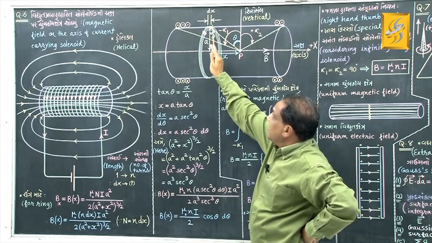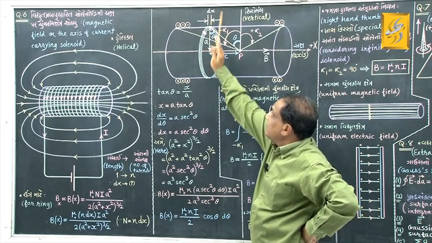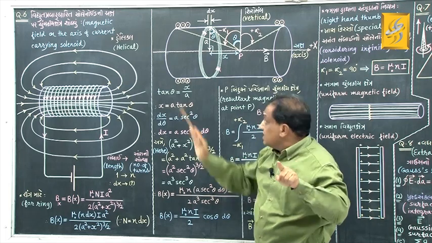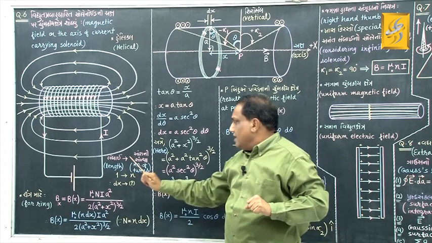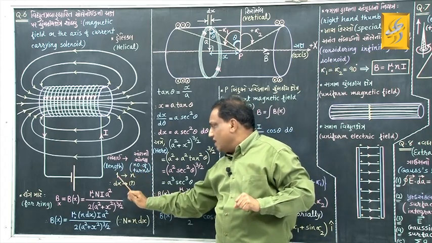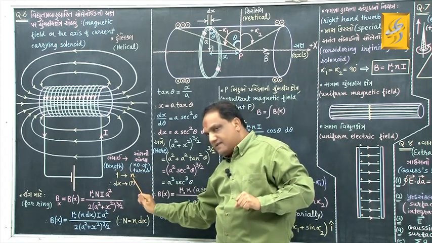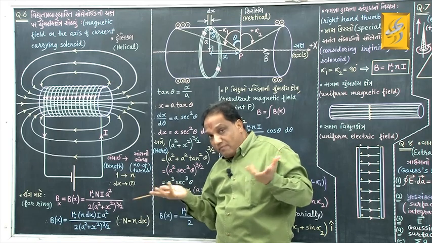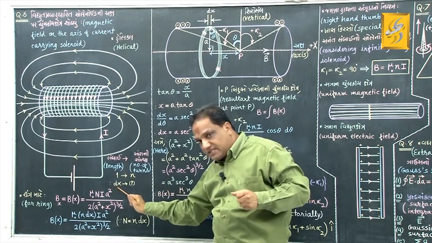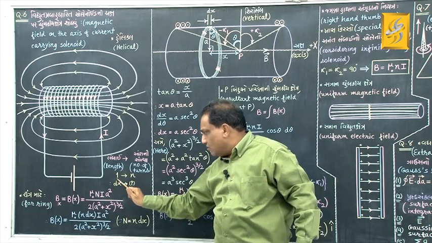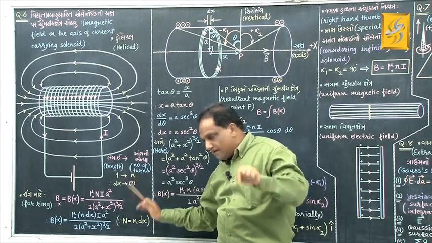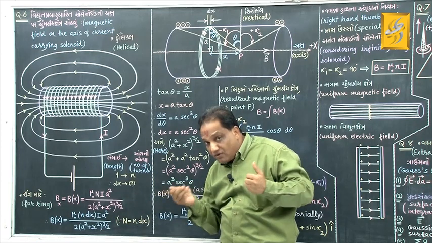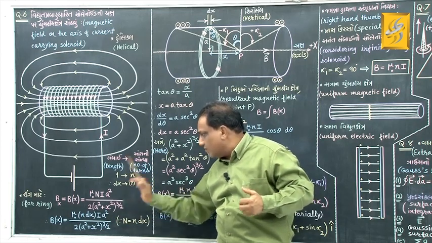Let us find out that. What is the length of this much part? Let it be dx. Now, in this solenoid, throughout its length, if number of turns per unit length is n, then what will be number of turns in length dx? Let us find out. Per unit length, if number of turns is small n, then for length dx, what is the number of turns? This into this upon this.